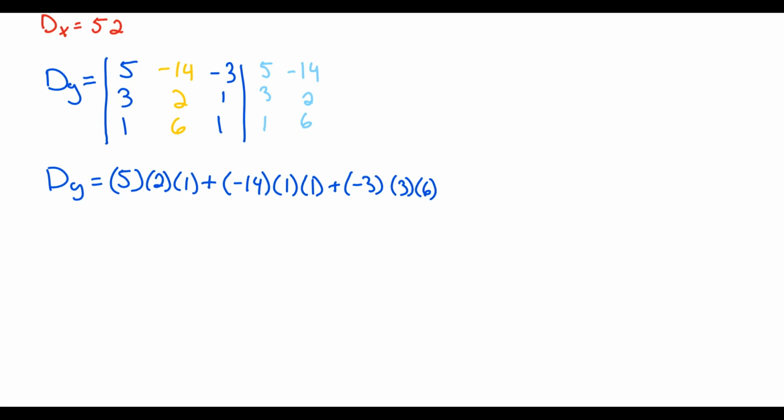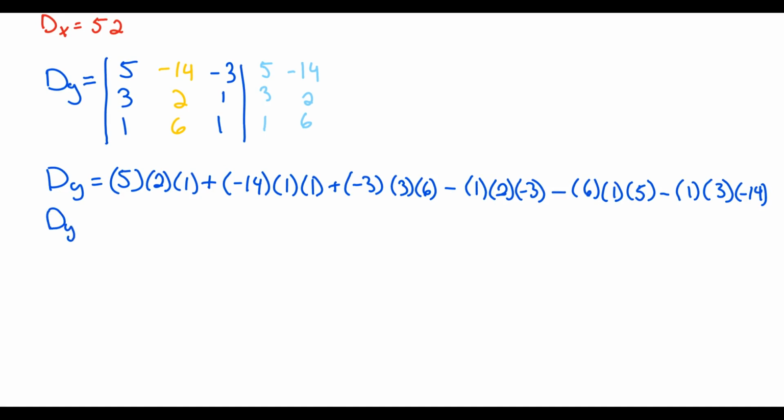I've done my top diagonals, so now I'm going to start with my bottom diagonals, which is going to be minus 1 times 2 times negative 3, minus 6 times 1 times 5, minus 1 times 3 times negative 14.